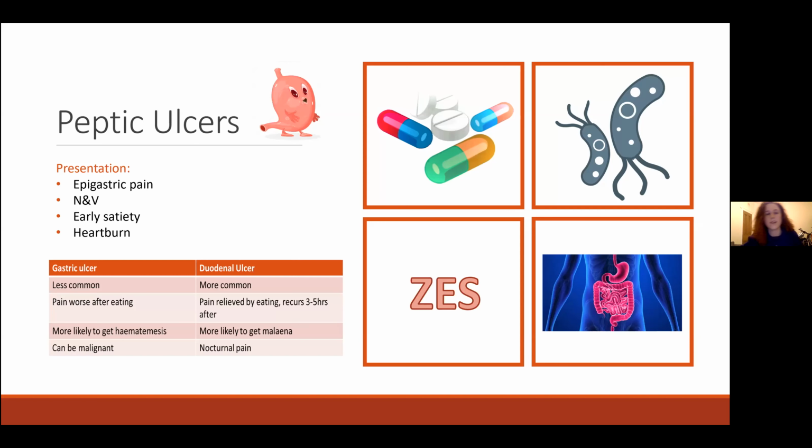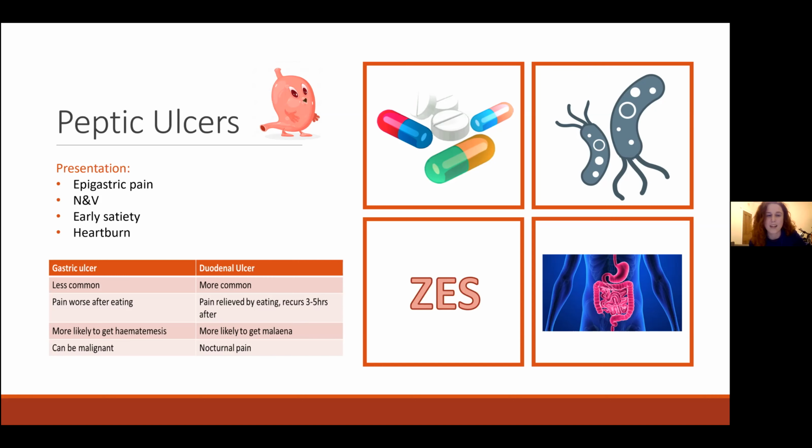Okay, so the way you could tell the differences, as it says in that table, is that gastric ulcers are worse on eating, whereas duodenal ulcers are relieved by eating, and the pain tends to come a bit later, like 4 hours after eating. You tend to get hematemesis, which is vomiting blood, in gastric ulcers, whereas in duodenal ulcers you get melena, which is basically blood in your stool.